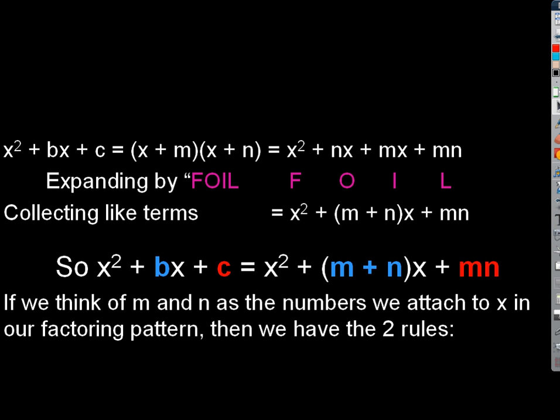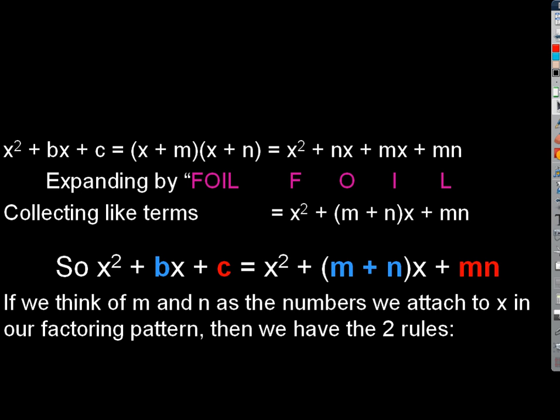We know that if we took something like x plus m times x plus n, we FOILed that out to get this answer, x squared plus nx plus mx plus mn. Well, if we combine like terms there, we get an x squared term. We get these two x terms that we added up. Remember, we got a negative 2x, I think.